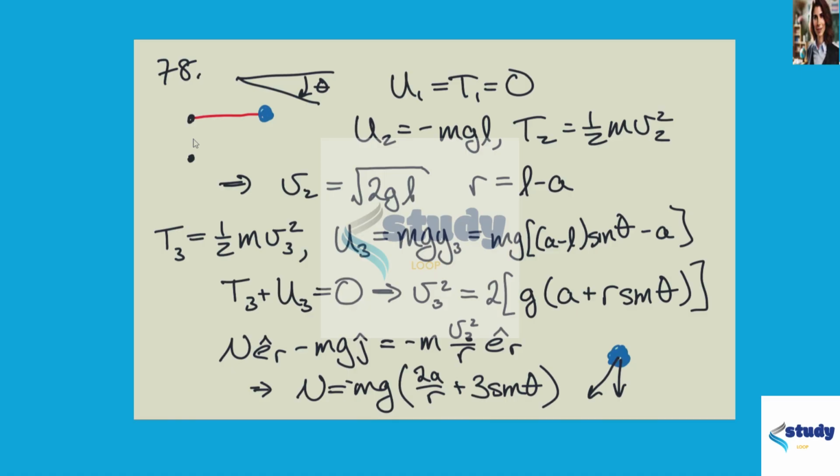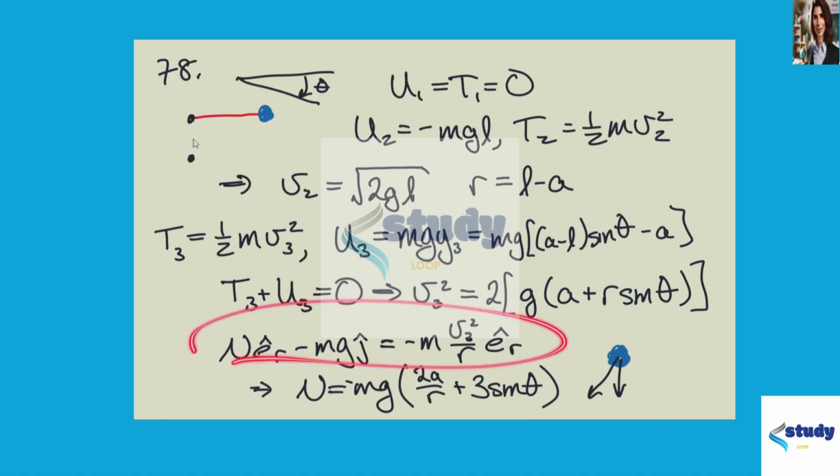The net force acting on the bob is the force from the cable plus the gravitational force, and that must be the mass times the acceleration. The acceleration is in the negative radial direction, with magnitude v3 squared over r, where r is now L minus a.